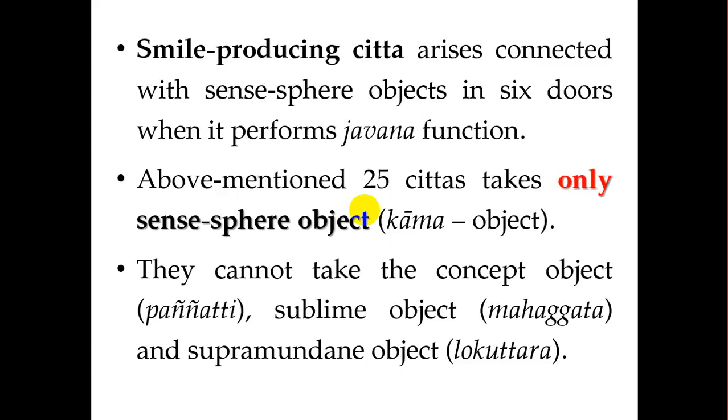You cannot hear it. You cannot touch it with your body. Therefore, these consciousnesses cannot take the nibbana object. And the concept also has to be thought of with your mind, right?